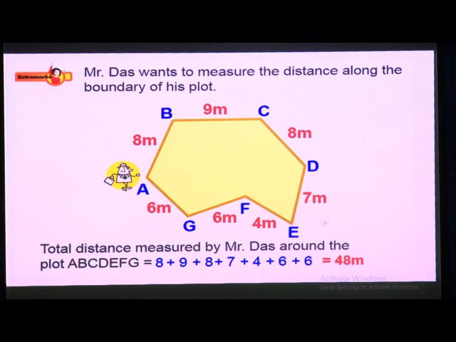This is the boundary, and to find the perimeter we need to measure the distance of all the sides. So, 8 plus 9 plus 8 plus 7 plus 4 plus 6 plus 6 is equal to 48 meter. Thus, the distance along the boundary of this plot is 48 meter.